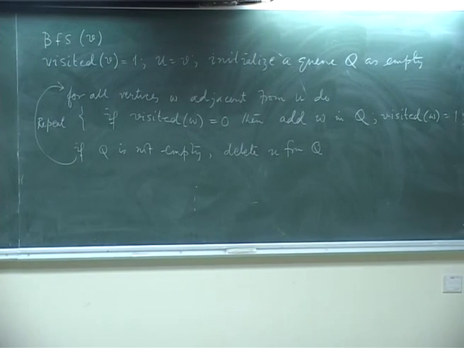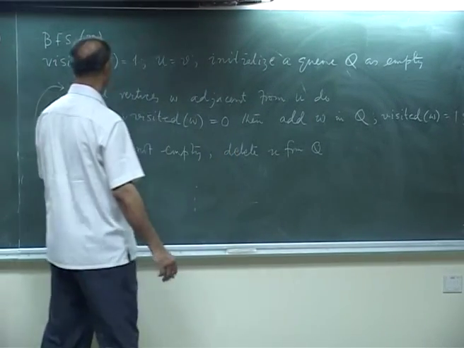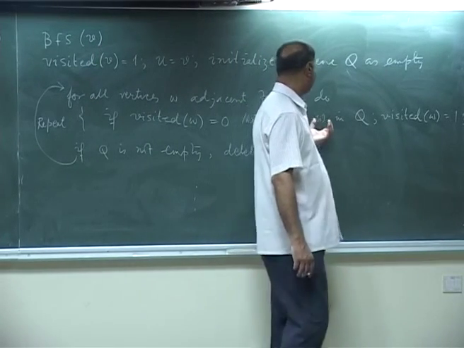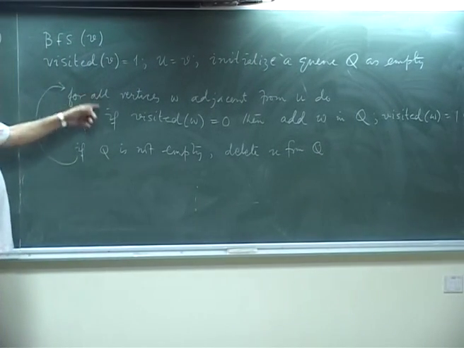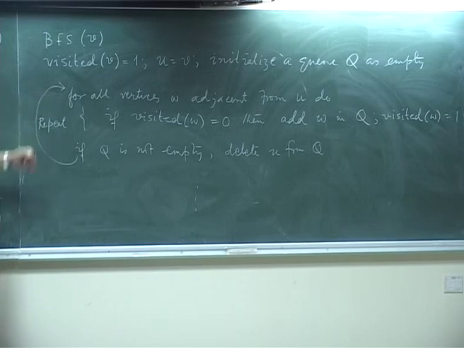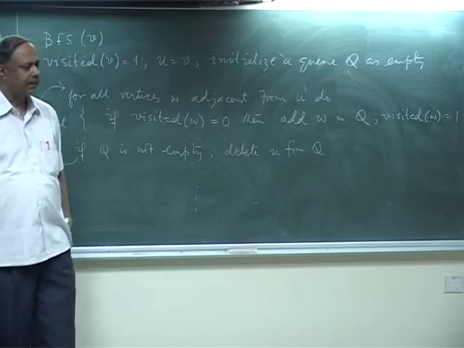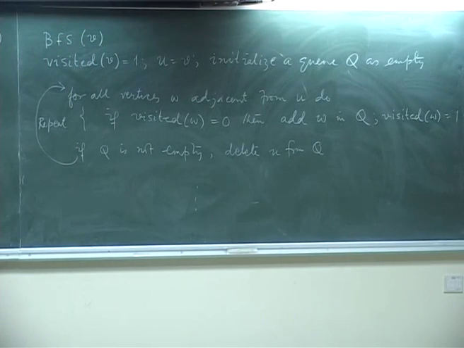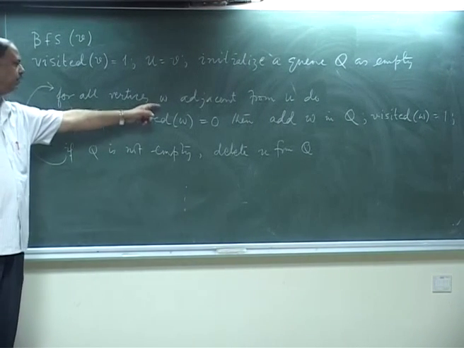So what it does, basically, for all vertices W adjacent from U, do the following. If W is not yet visited, then you visit that one and you add W into Q. And you repeat this thing for all adjacent vertices, that is the same level things. And if you find that Q is not empty, you delete one element from Q from the top and repeat this process, because you have to find out W and so on.